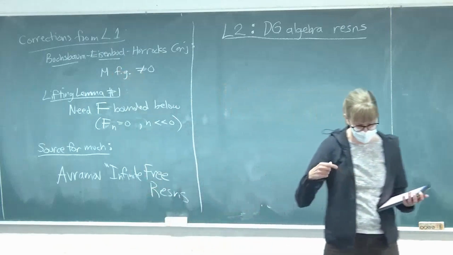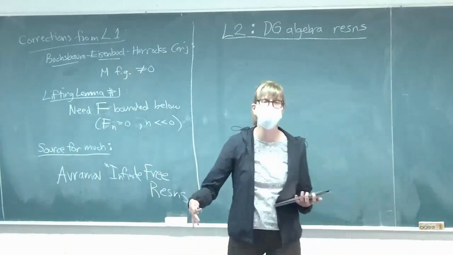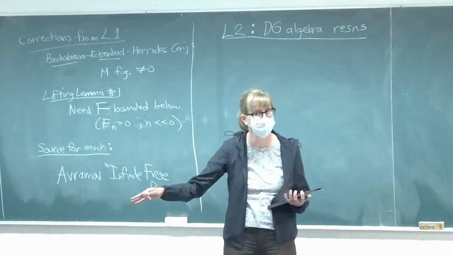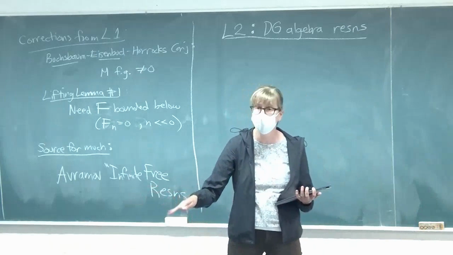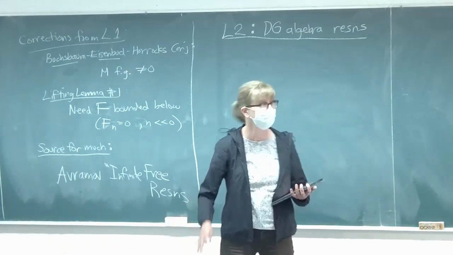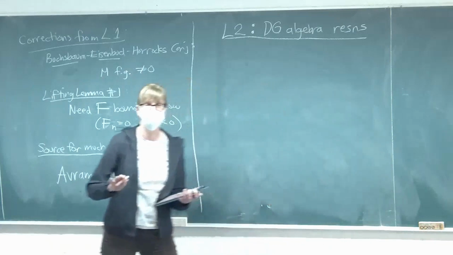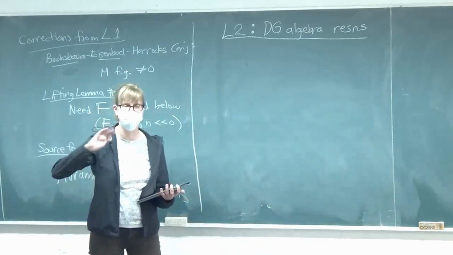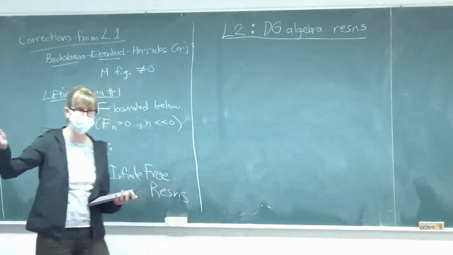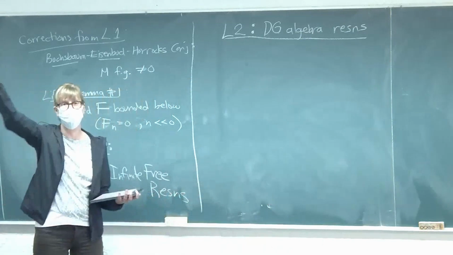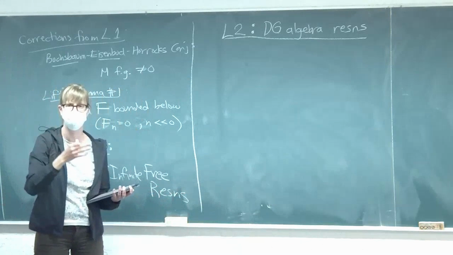And then we saw there were counterexamples. Sometimes you can't put a DG algebra structure on the minimal resolution. Okay? So today, we're going to go non-minimal. We're going to go away from minimal and make a very big resolution that always has an output.